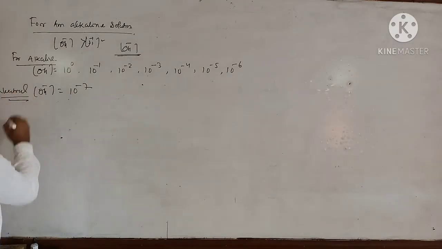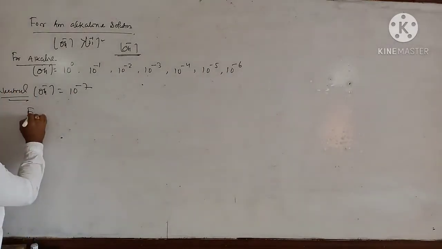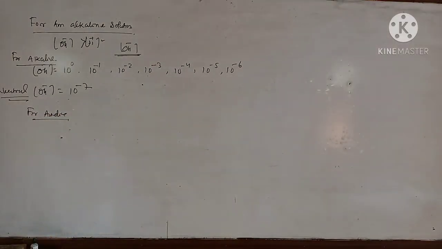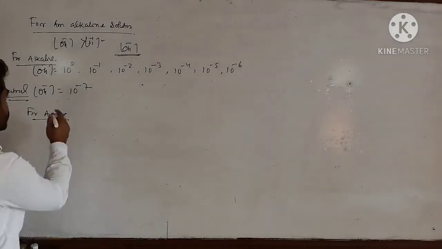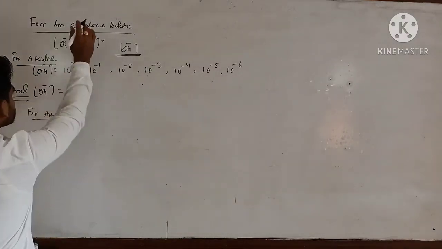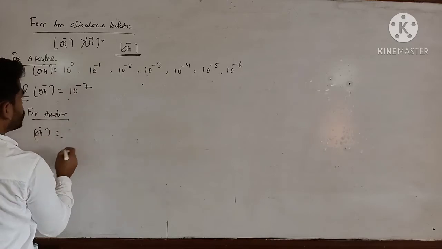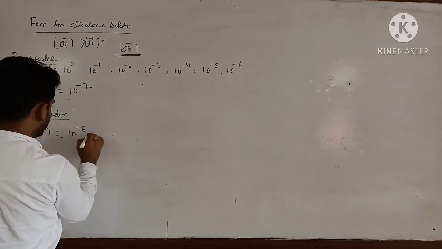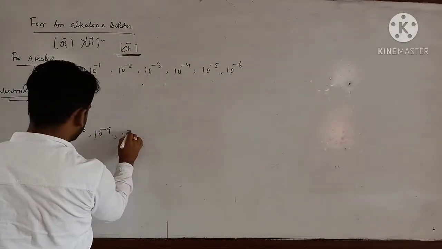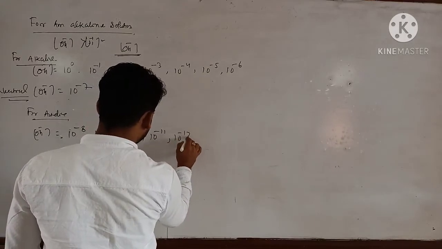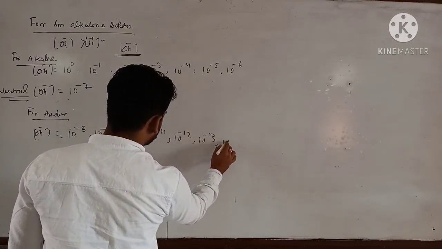The solution is neutral, and then the solution becomes acidic in terms of OH minus ion concentration. So for an acidic solution, the concentration of OH minus can be 10 to the power minus 8, 10 to the power minus 9, 10 to the power minus 10, 10 to the power minus 11, 10 to the power minus 12, 10 to the power minus 13, 10 to the power minus 14.